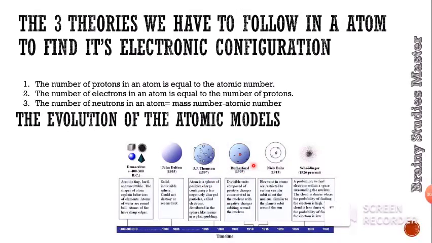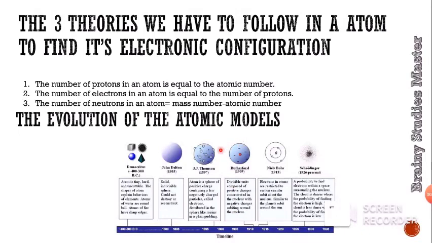Then Rutherford found this in 1909, and he said that J.J. Thomson's idea was wrong. He said that the divisible units are composed of positive charges concentrated in the nucleus with negative charges orbiting the nucleus.